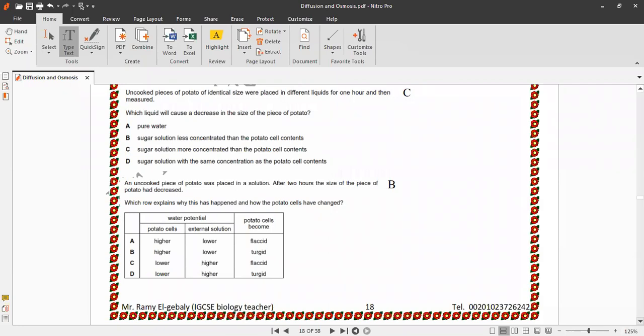An uncooked piece of potato was placed in a solution. After 2 hours the size of the piece of potato had decreased. Which will explain why this has happened and how the potato cells have changed? Inside the potato cell, it is high water potential and low salt.